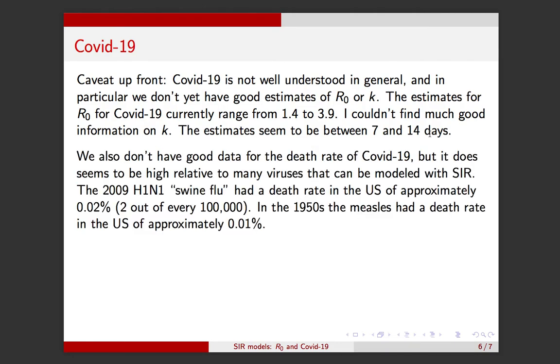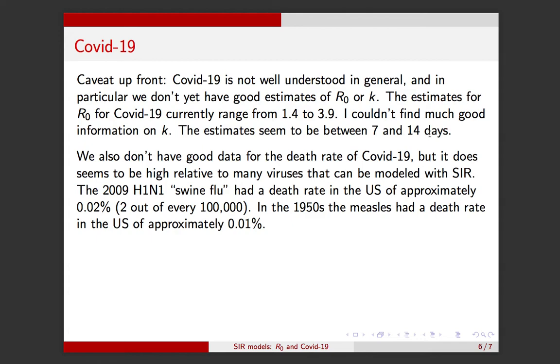So anyway, we also don't have good data for the death rate. It does seem to be bad relative to other viruses that can be modeled with SIR. When I first heard of COVID-19 3 months ago or whatever, I thought, oh, so it's kind of a slightly worse version of the flu, which turned out to be quite wrong. It is not a slightly worse version of the flu.